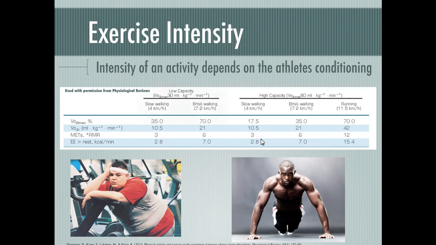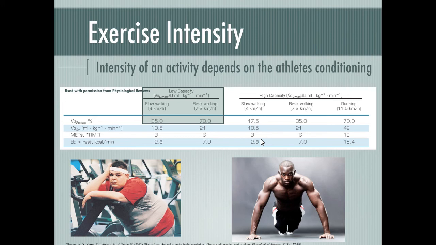And if we look here, he has a very low capacity. When he's walking 4 kilometers an hour, his VO2 max is 35%. When he hits 7.2 kilometers an hour, which is brisk walking, that leads to 70% of his VO2 max. So it's not very fast.